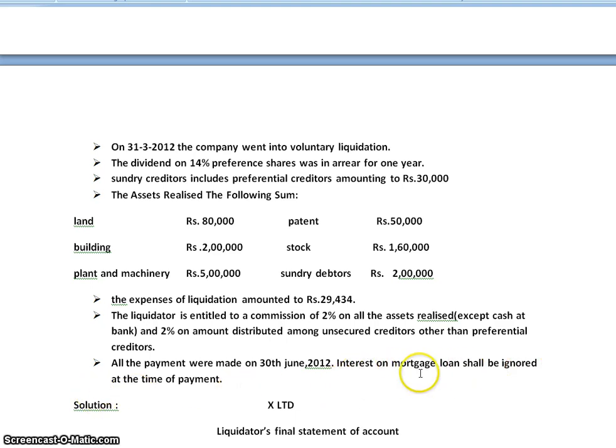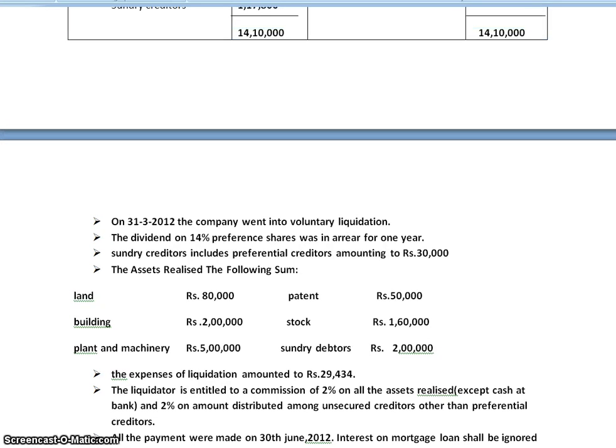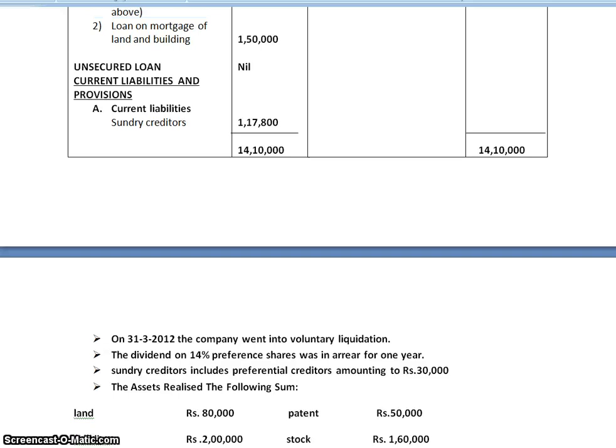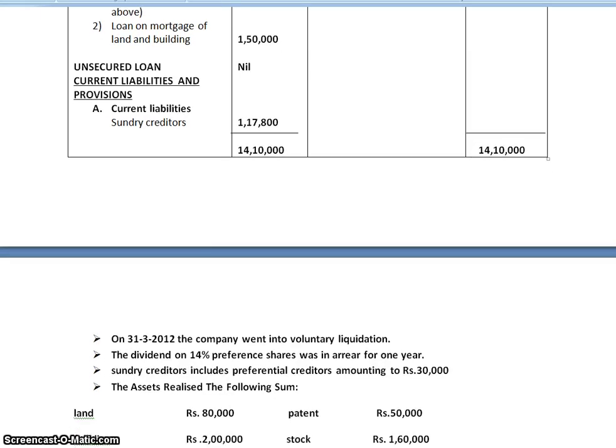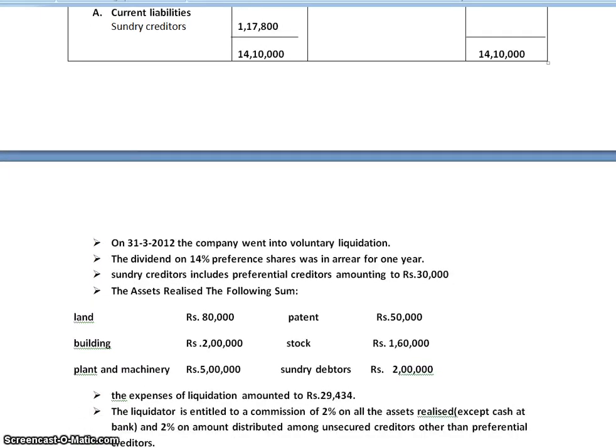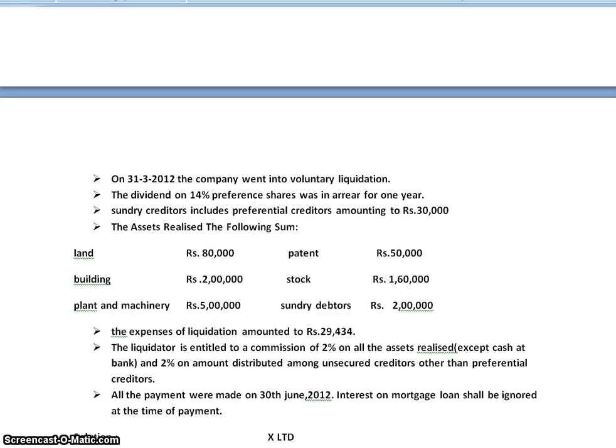Here, interest on a mortgage loan. That means in the balance sheet in the question, we can see that there was a loan taken on mortgage, that is 1,50,000. Now, if there is any interest due on this amount, it will be for 3 months. How come it will be 3 months?